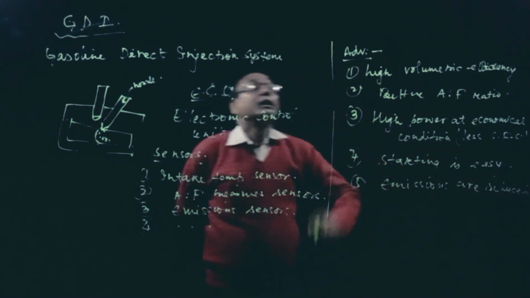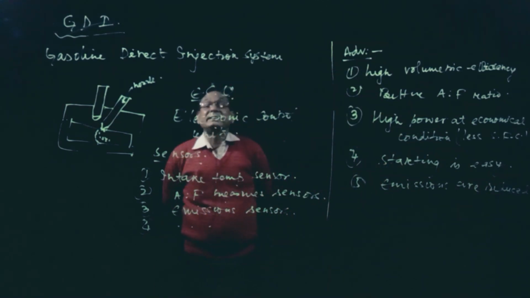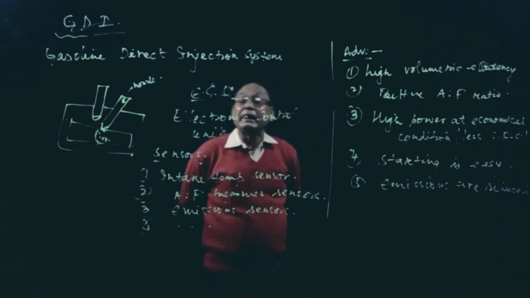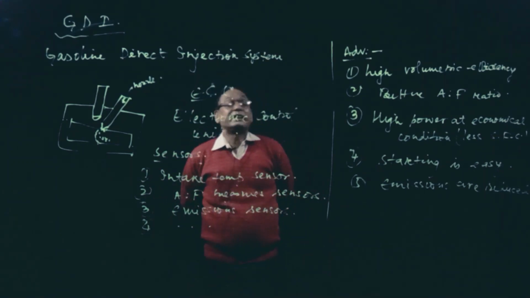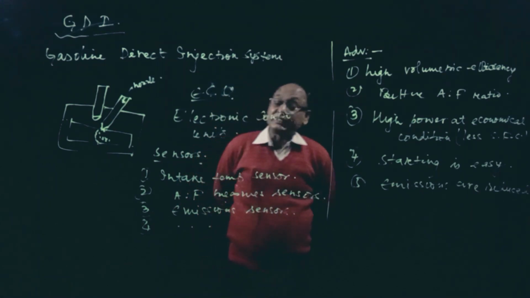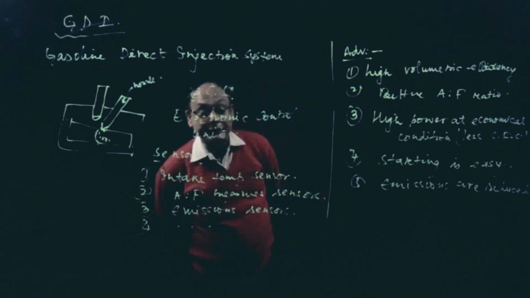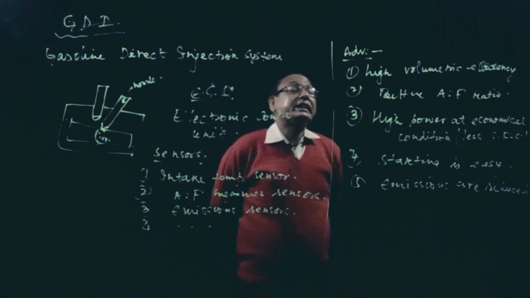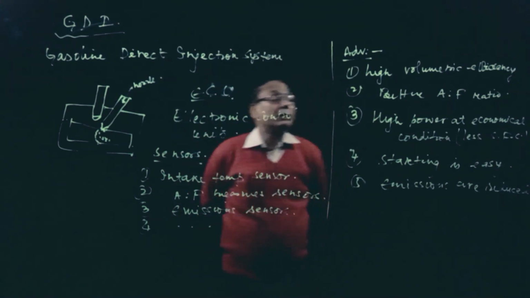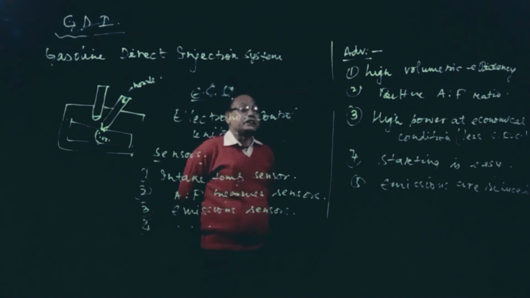Okay, what are the advantages of the gasoline direct injection system? They have electronic control units, so it gives you high volumetric efficiency, and there are so many sensors: intake temperature sensor, air fuel measure sensor, emission sensors. That gives better air fuel ratio, high power at economical conditions.